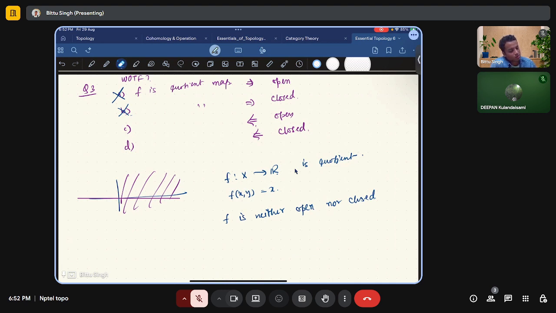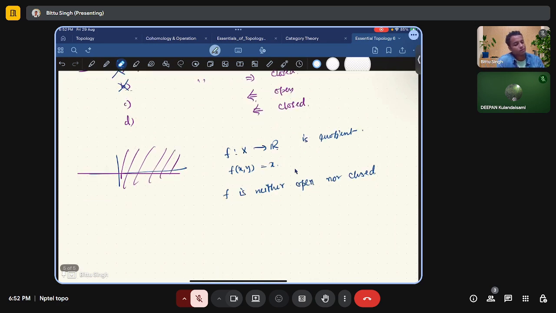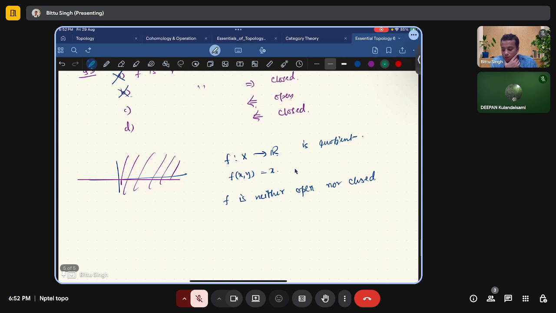Let us try to consider an open map which is not surjective. So C is not true. Similarly, D.